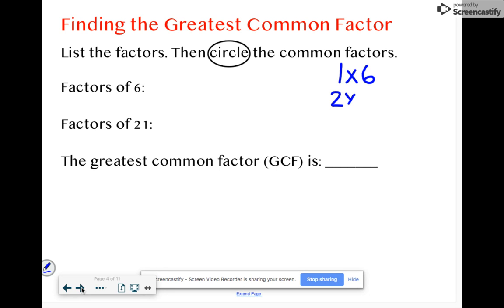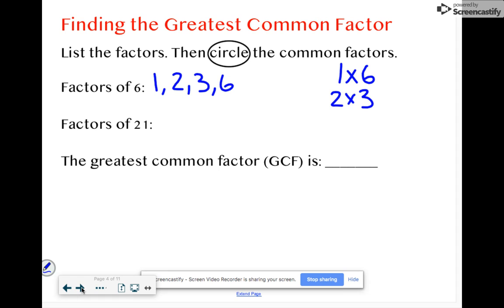So 2 times 3 would also get me 6. Now I had to sit here and think, is there any other way that I can get to 6? There's not. So my factors would be 1, 2, 3, and 6.